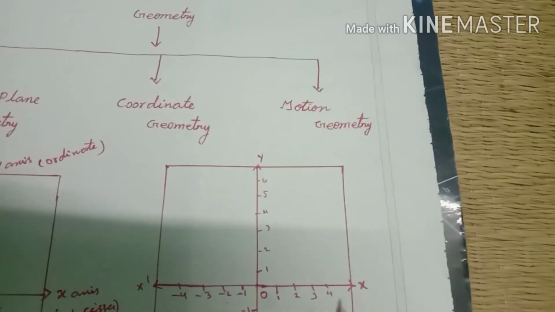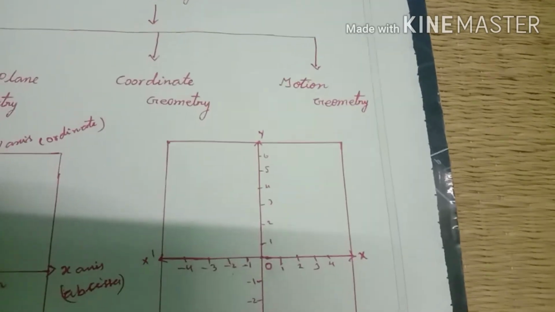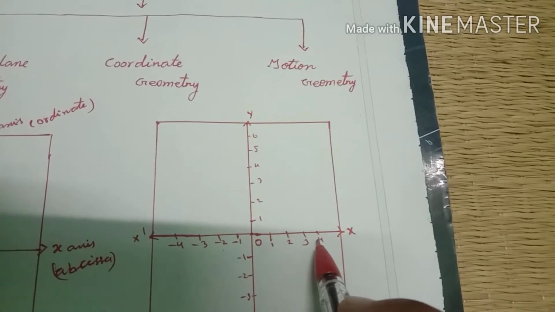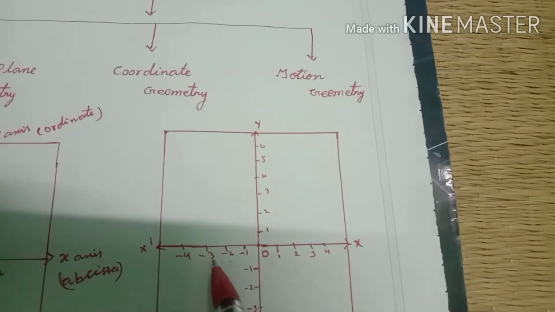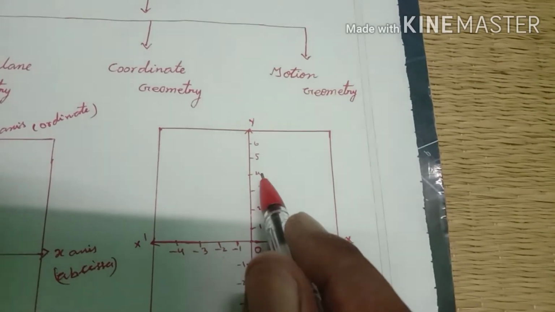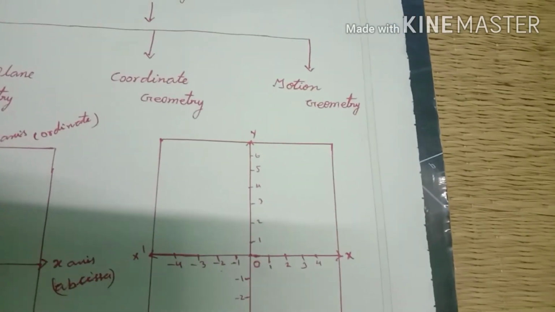On the same surface we have the x-axis and y-axis based on the origin. The right-hand side is positive and the left-hand side is negative, and similarly for the y-axis, above is positive and below is negative.